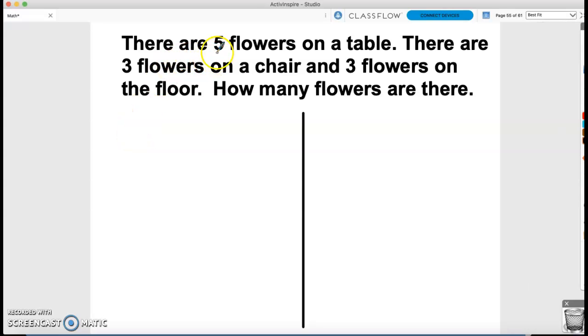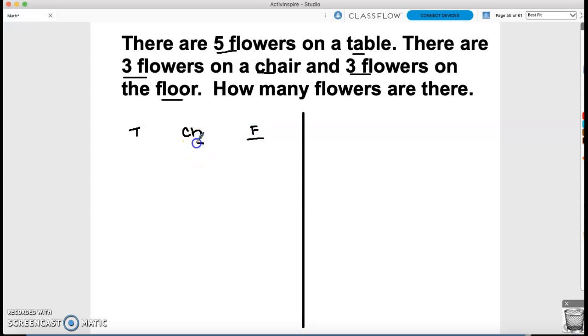And I notice there are 5 flowers on a table, 3 flowers on a chair, and 3 flowers on the floor. So I'm going to write a T for table, a CH for chair, and an F for floor.